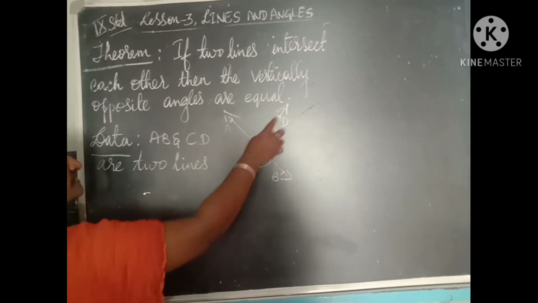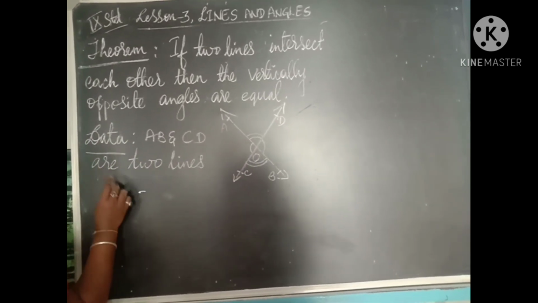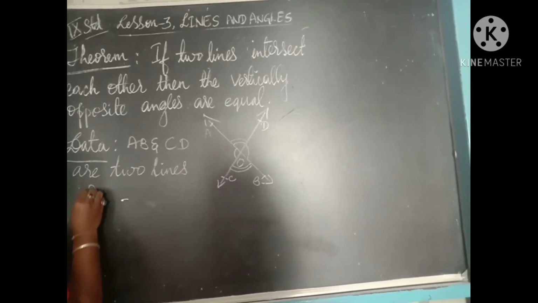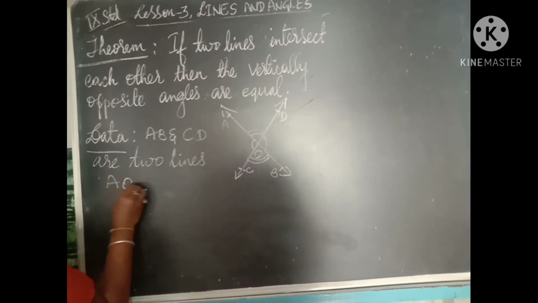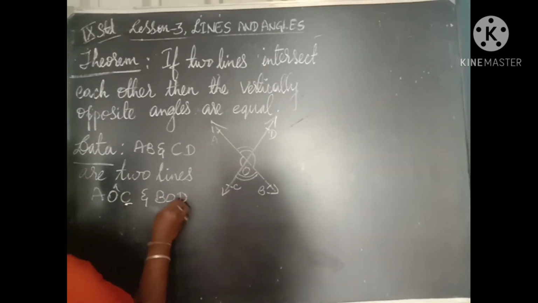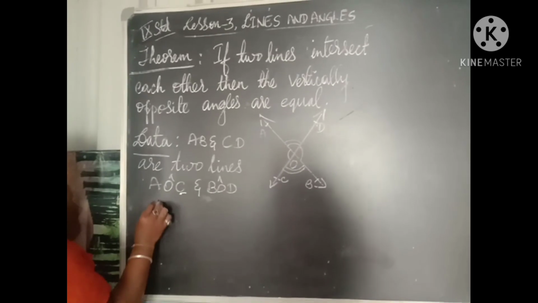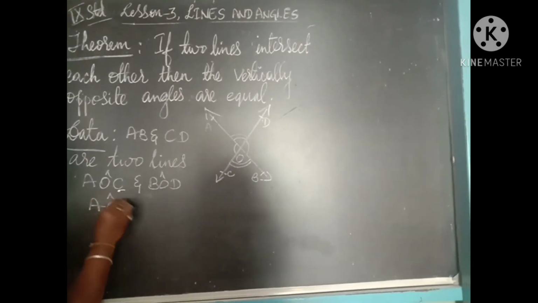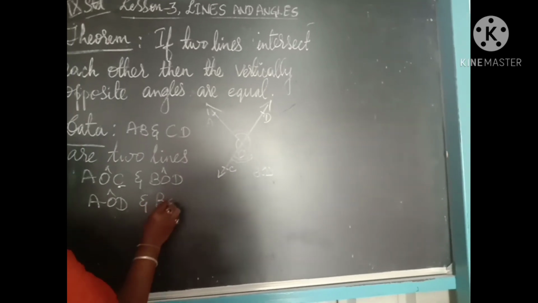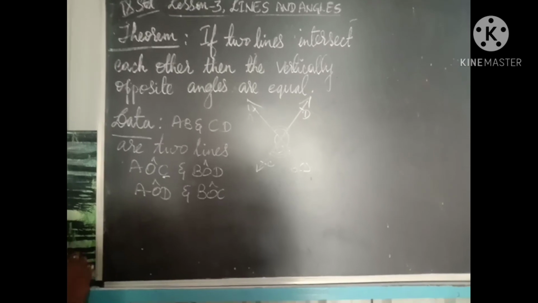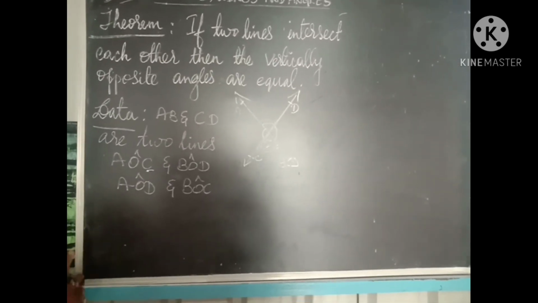Then the vertically opposite angles. Which are the vertically opposite angles? AOC and BOD, okay, AOD and BOC. Okay, these are the two pairs of vertically opposite angles.